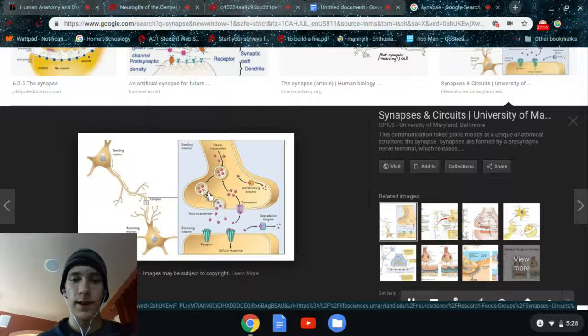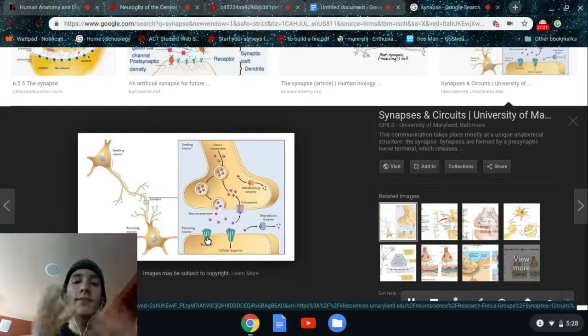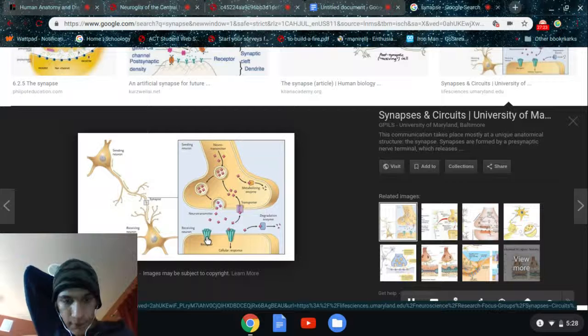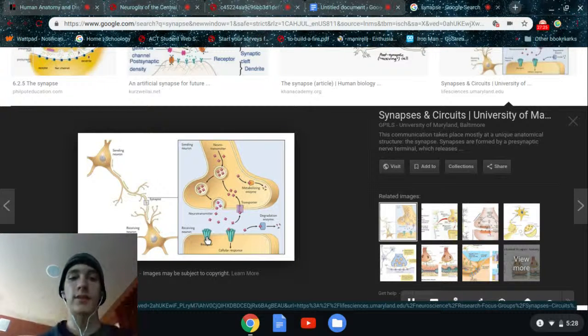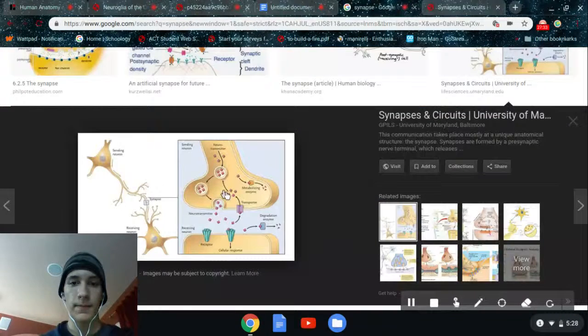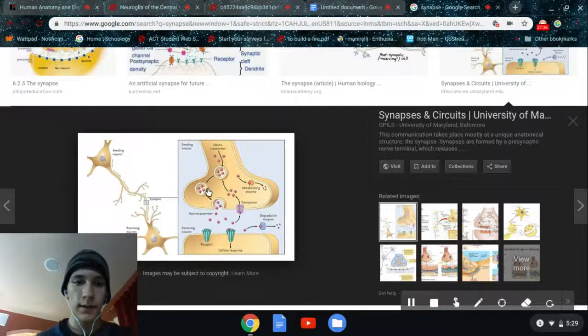So it goes from here, and it activates some sodium gates here. If enough of them activate, they start an action potential on the dendrites. These are the dendrites of the receiving postsynaptic neuron. The presynaptic neuron here is the sending neuron. This is the synapse, and then the receiving neuron, postsynaptic.